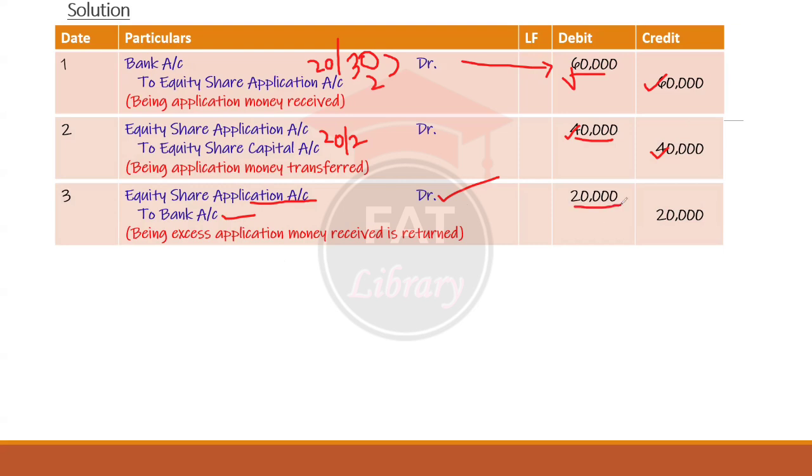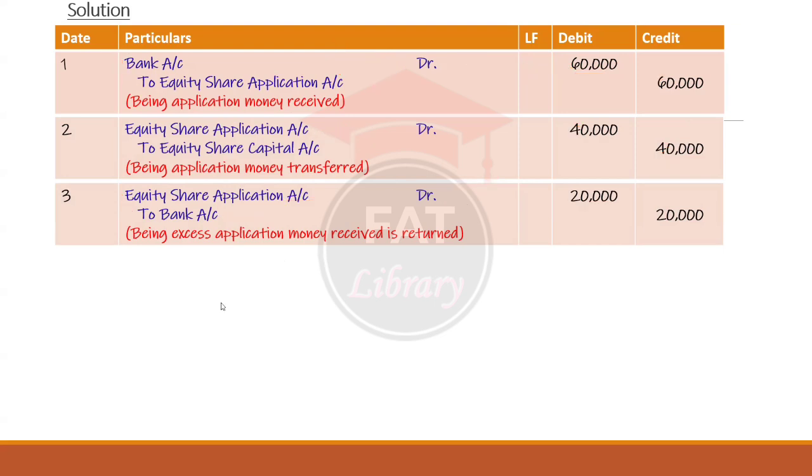Now the balance we are returning back to the shareholders. You can just observe, for receiving there is one journal entry, for returning back there is another. It is just vice versa. For receiving the amount we have written bank account debtor to equity share application account, and as we are returning it back we have written equity share application account debtor to bank account.